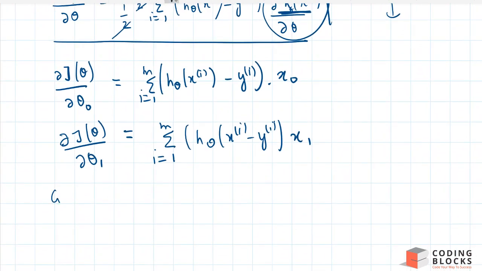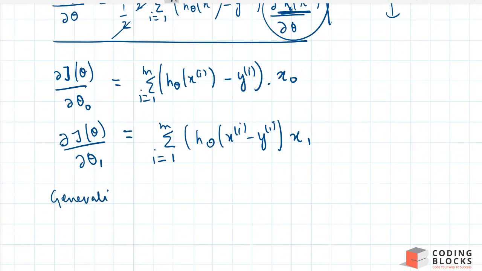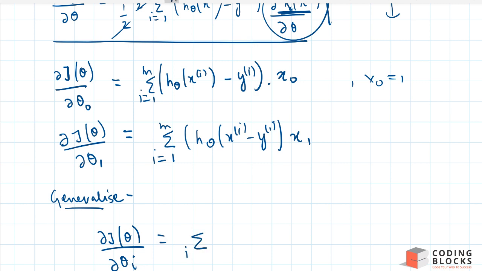And if I generalize this, where x0 is 1, then ∂J(θ)/∂θk, for some other variable θk, would be summation i goes from 1 to m of (h_θ(x^(i)) minus y^(i)) into xk.